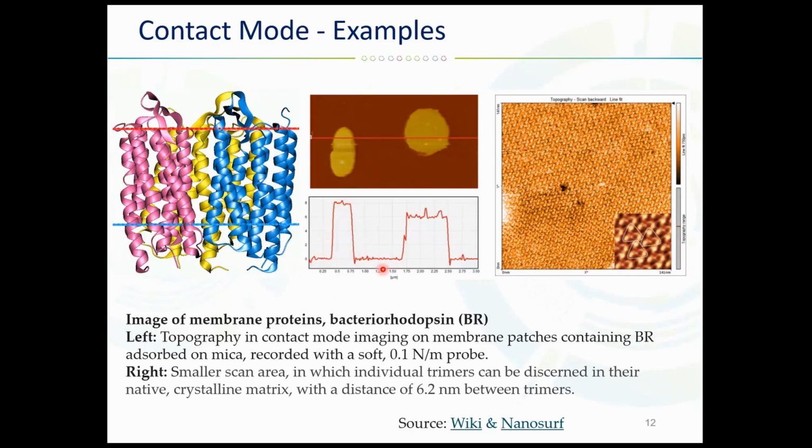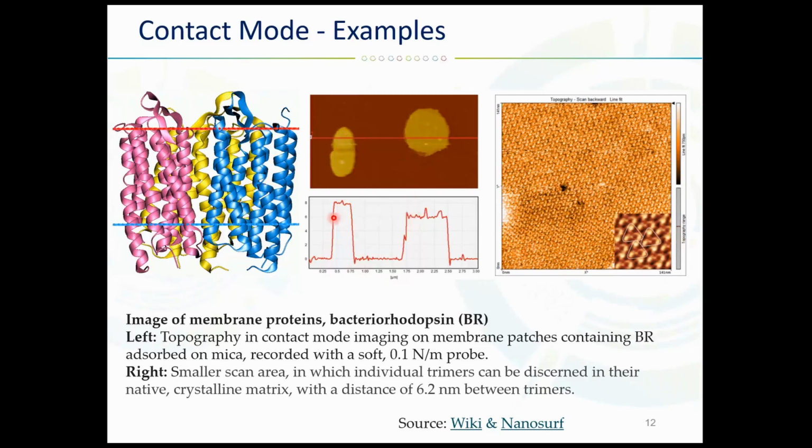This curve here just shows the electrostatic interactions between the tip and the surface. The reason why the height is different here, you see about a 2 point difference between left and right, is because the left patch faces extracellular side up and the right patch faces cytoplasmic side up.